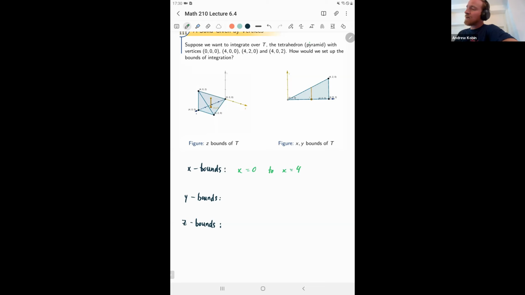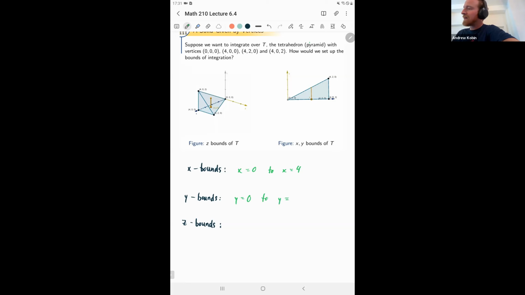Let's think about the y bound now. We're not going over some rectangular prism region. And even with respect to x and y, we're not integrating over a rectangle like this. So we need to have a function, y as a function of x, in order to write down here. And it'll be a top minus a bottom. The bottom is the x-axis, which is y equals 0. And the top is a positively sloped line that passes through the origin.